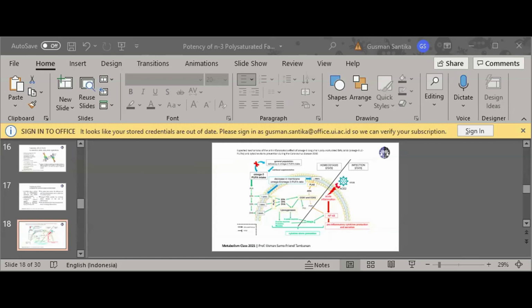Okay, if I'm not mistaken, Mrs. Rini asked Mr. Gusman about the structural benefit of the fatty acid itself. Am I right? So maybe the answer should be how the fatty acid differs compared to the other classes of compounds, in terms of the structure against COVID-19. But I think it's okay.